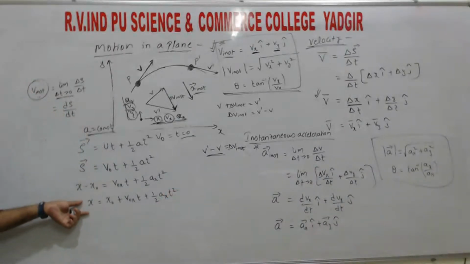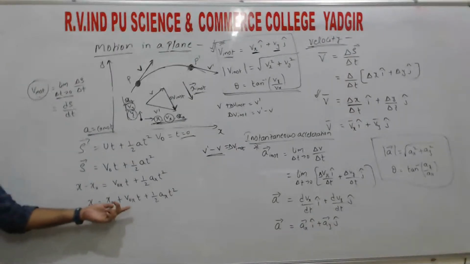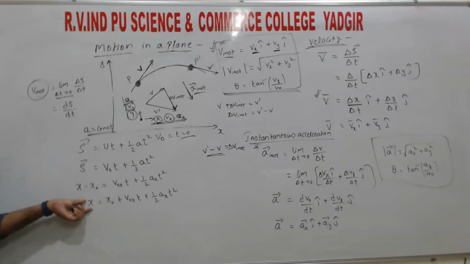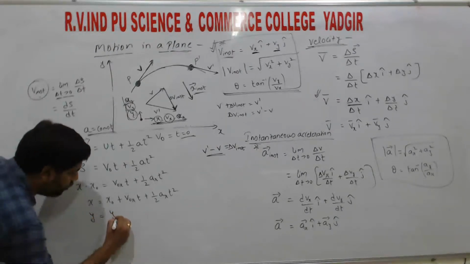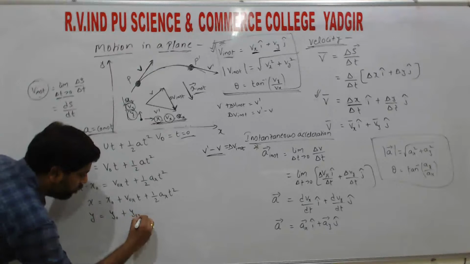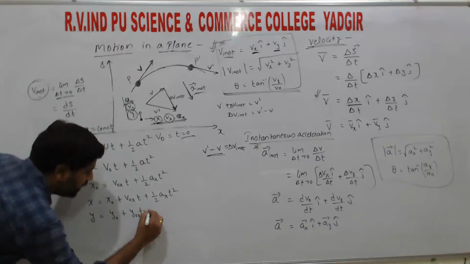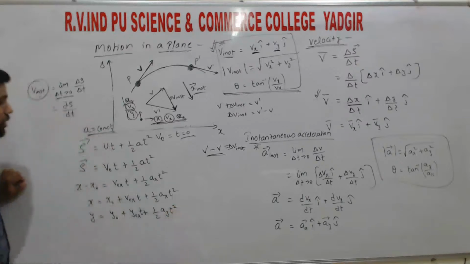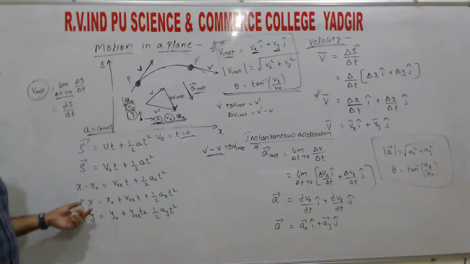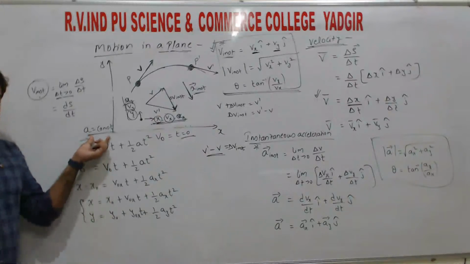So this gives what? The displacement which is along x-axis. So this is only the magnitude, right? In the same way, y equals to y naught plus v0y t plus half ay t square, right? So these two give what? The displacement magnitude of the object moving under constant acceleration, right?